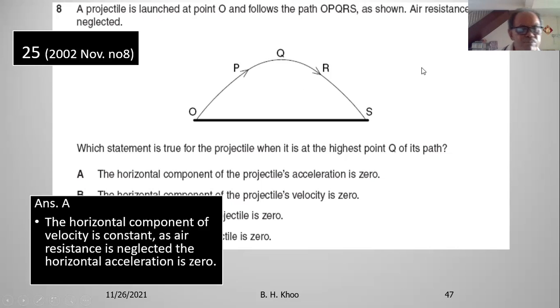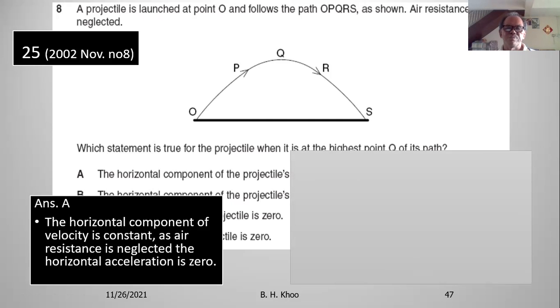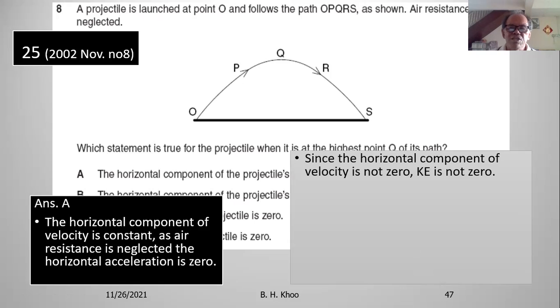Okay, the horizontal component of velocity is constant. Air resistance is negligible, so the horizontal acceleration is 0. Vertical acceleration is there. It's not 0. Since the horizontal component of velocity is not 0, as I explained earlier, kinetic energy is also not 0.